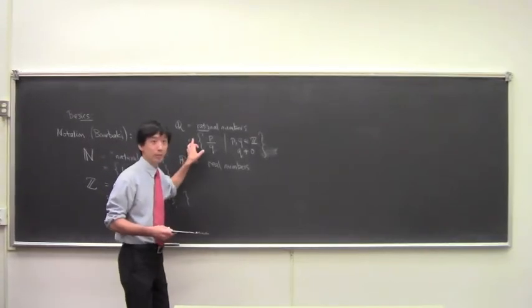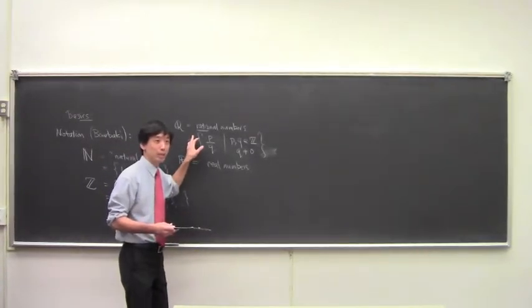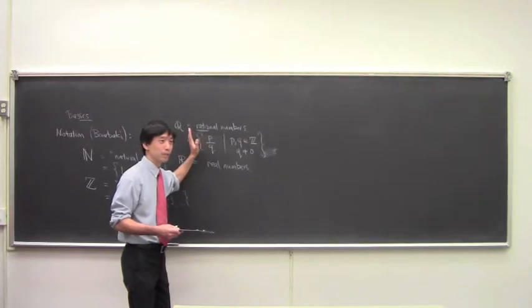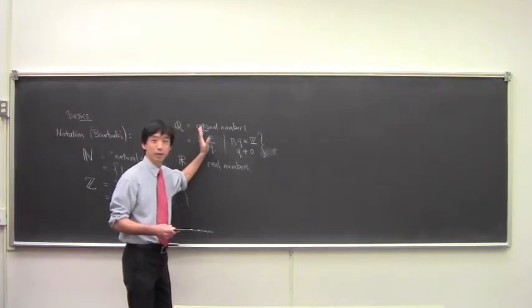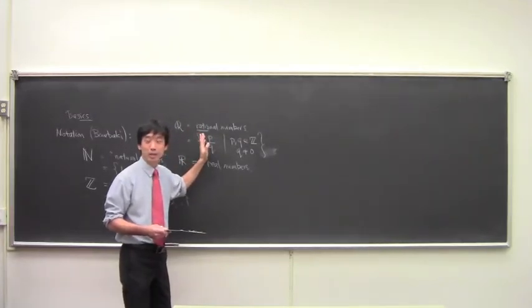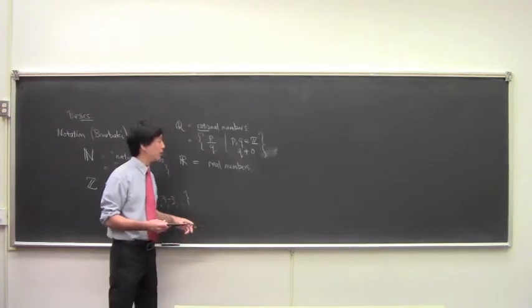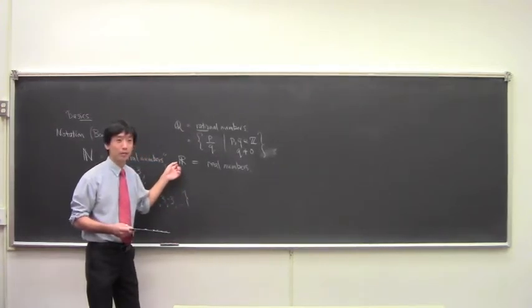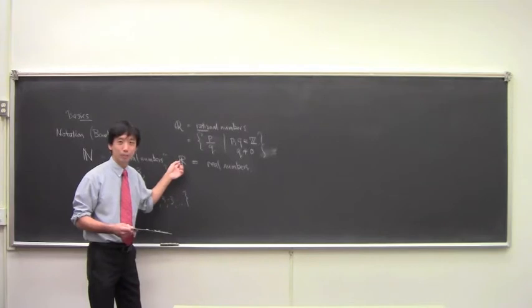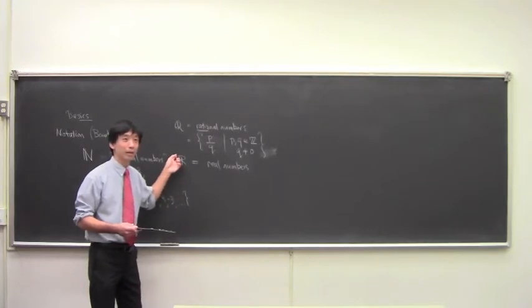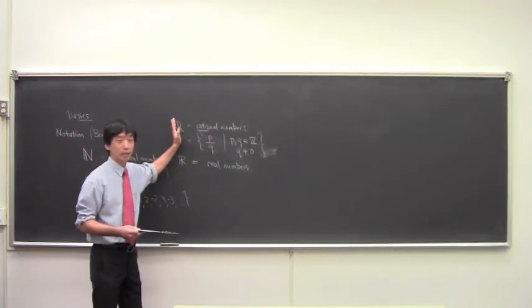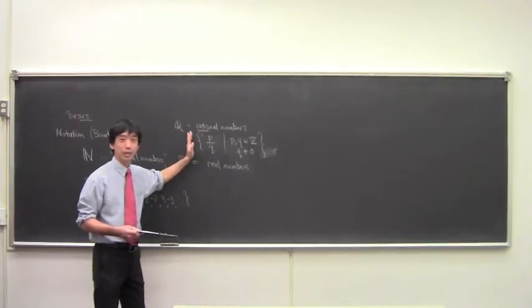So, the rational numbers are the numbers that can be written in this form: a fraction where the top and bottom are integers, and the bottom is non-zero. But it turns out, and this is sort of a surprise, that there are some numbers that can't be written that way. Maybe when you're a kid, you think basically all numbers can be expressed as one integer over another integer.